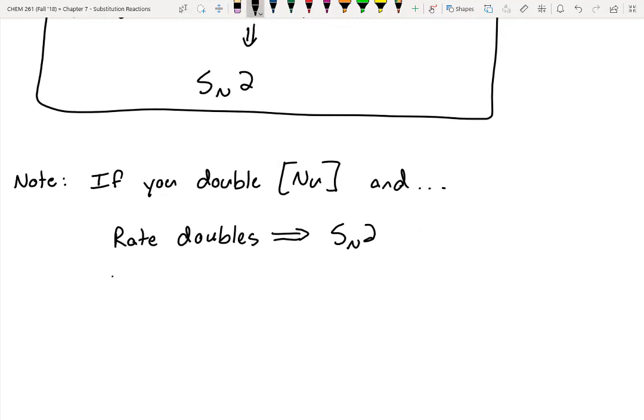If your rate is unchanged, then that implies that it's got to go through an SN1 route based on our understanding of the possible reaction mechanisms. Does that make sense?